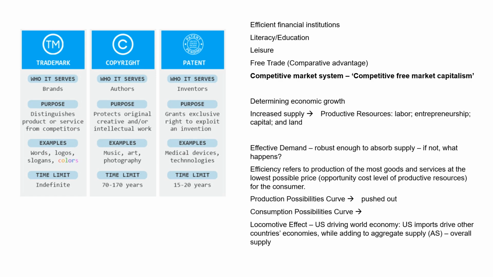And we'll talk about, there's upsides and downsides to that too. We'll talk about that a bit later. The consumption possibilities curve, this was another thing they talked about earlier on, and that is that if we're going to be importing goods and services, we're going to be able to increase our consumption.